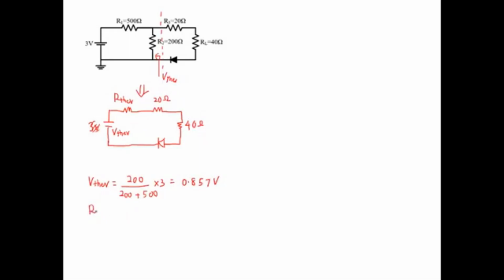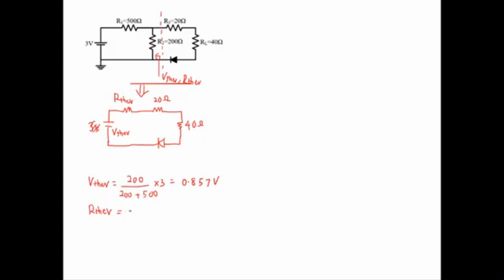And how about the R Thevenin? When you are trying to determine the R Thevenin, you replace the DC source with the ground or short circuit, and then from this point you see R1 and R2 are connected in parallel.